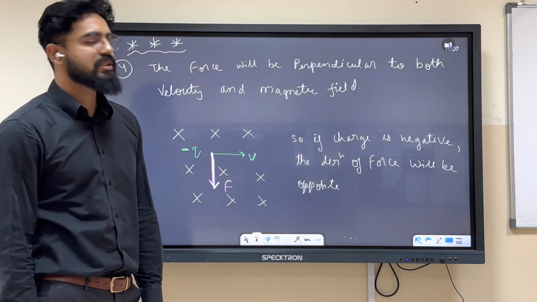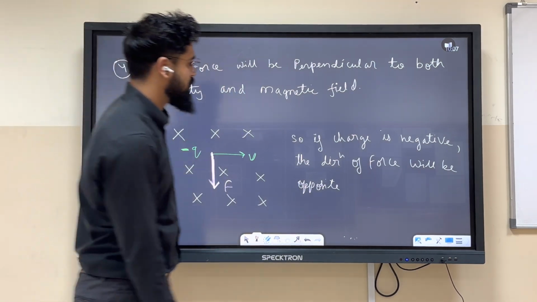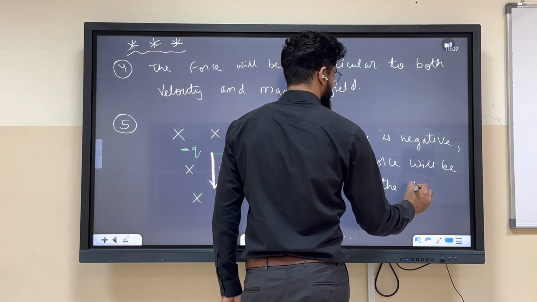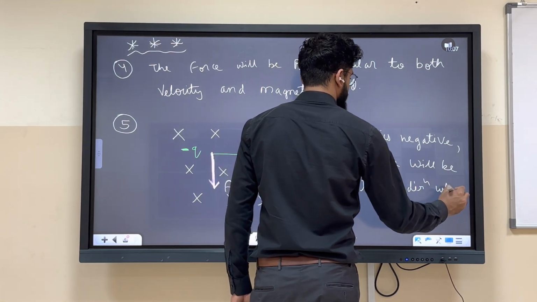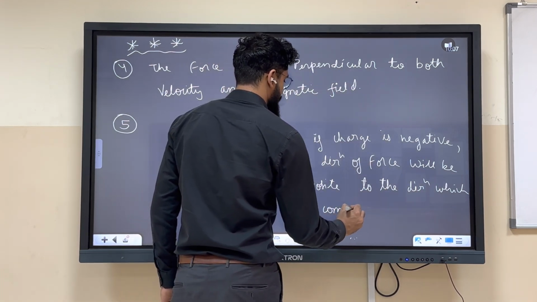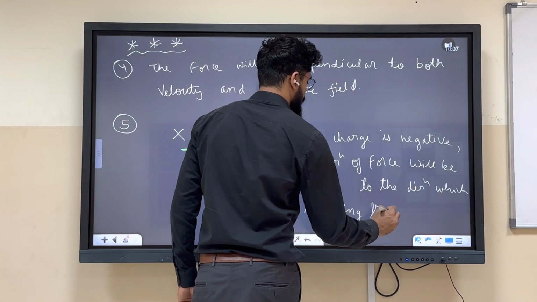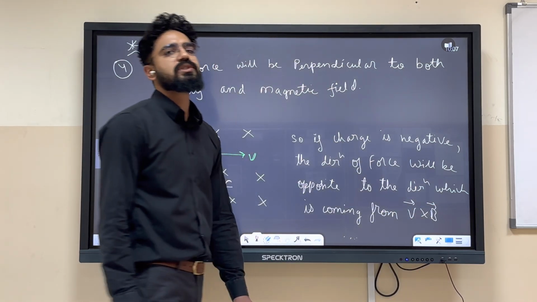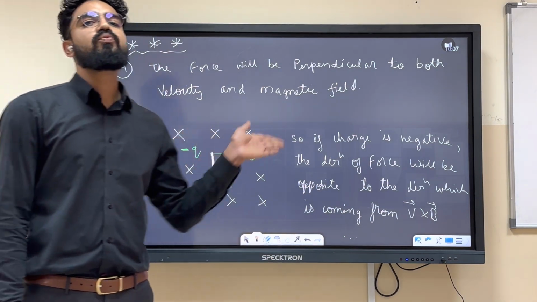The direction of force will be opposite to the direction which is coming from V cross B. Why? Because force is not V cross B, it is Q into V cross B.